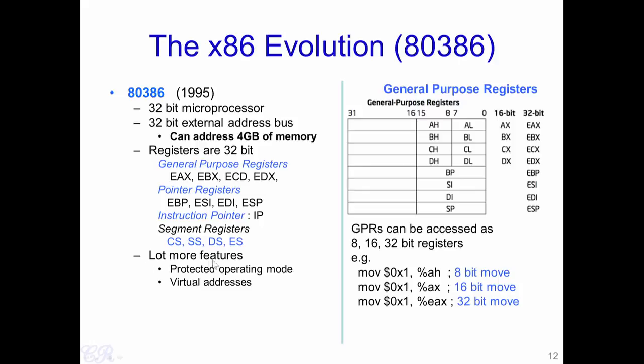There were also a lot more features like the protected operating mode as well as virtual and segmentation schemes. One thing you would notice is that while all the registers were extended to 32 bits, the segment registers continued to be 16-bit.